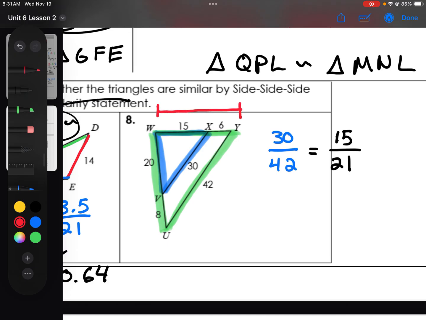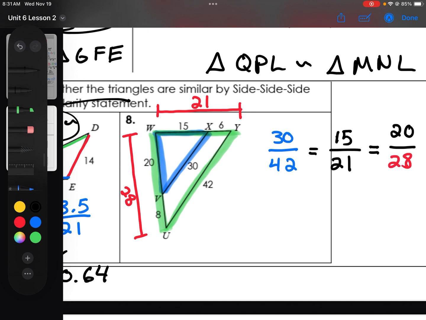But I want you to think about it. 15 plus 6 is 21. So that's going to be that whole length in your large triangle. In the same respect, the length from W to U needs to be calculated as 28 because you have to add the sides. So when we set up that third proportion, it's going to be 20 over 28, okay?